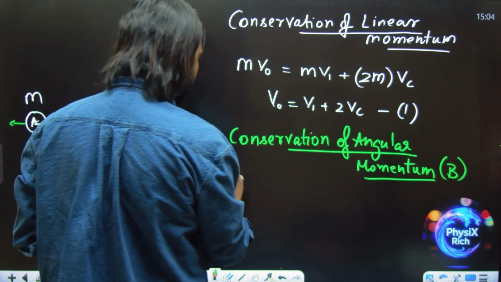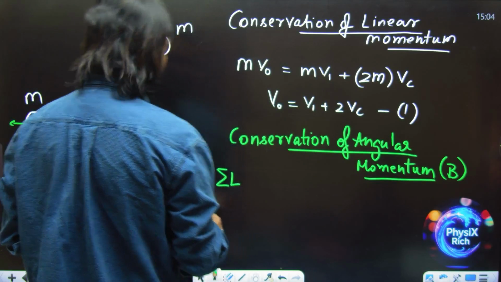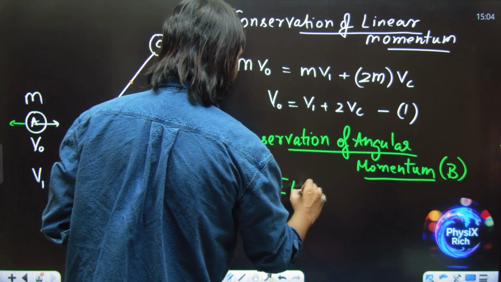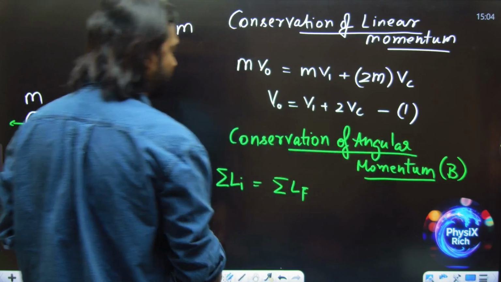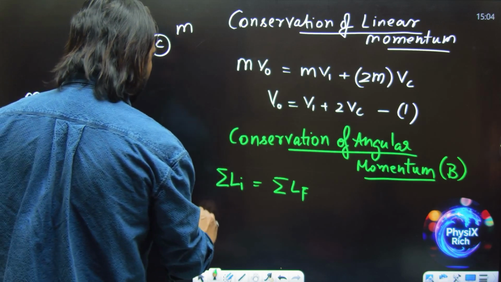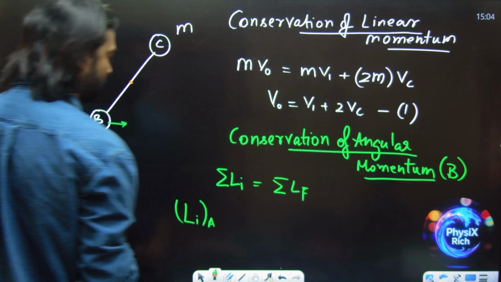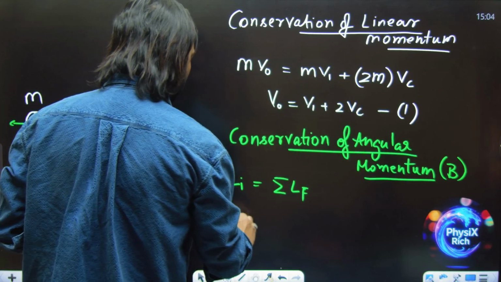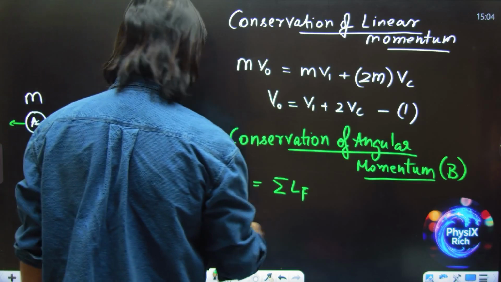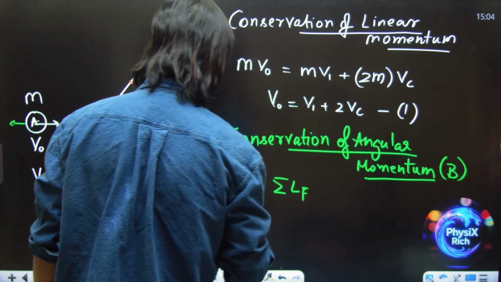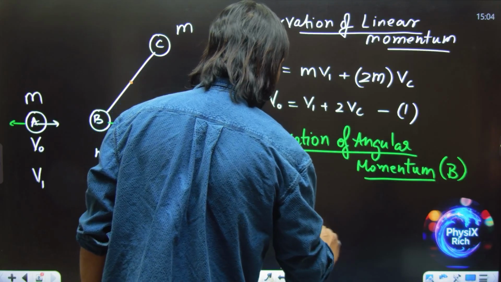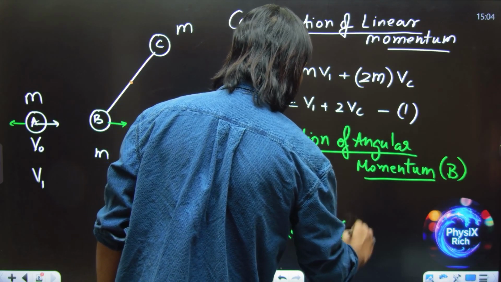So if I say that the sum of all angular momenta of the entire system, sigma Li, equals sigma LF, and I'm only talking about the point B, then I can say that the Li value for ball A plus Li value of this rod of this system, we'll call it CB, should be equal to LF value of A plus LF value of CB.